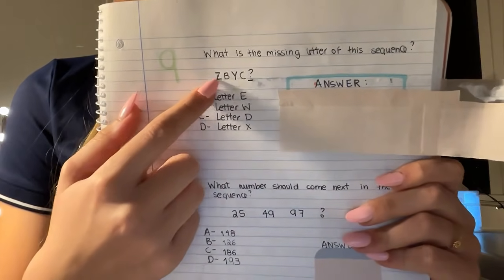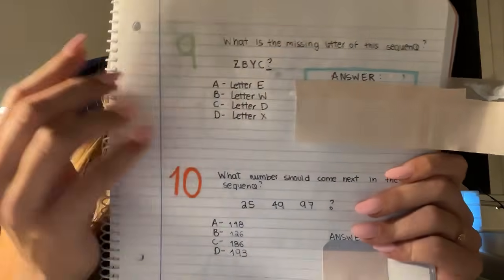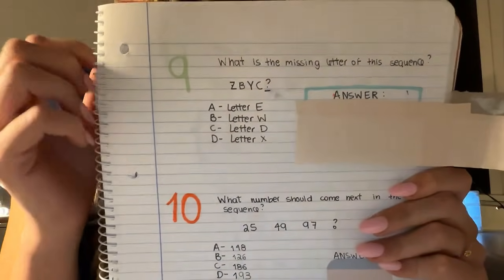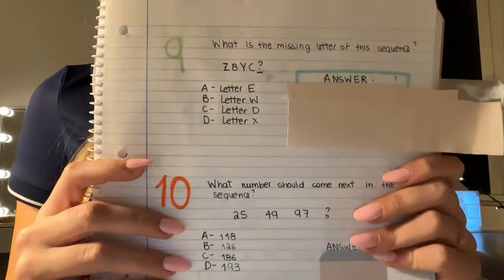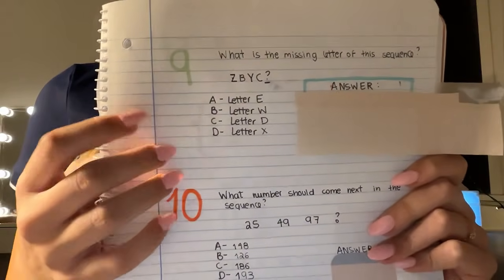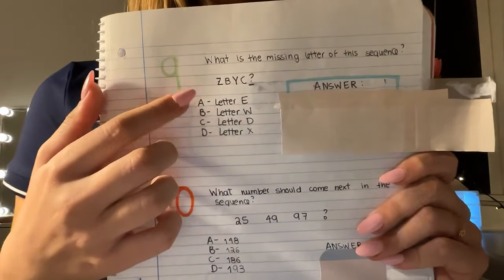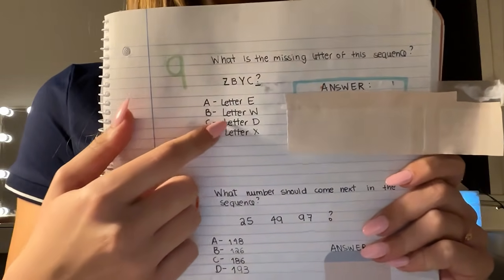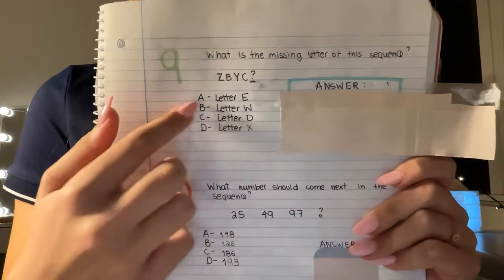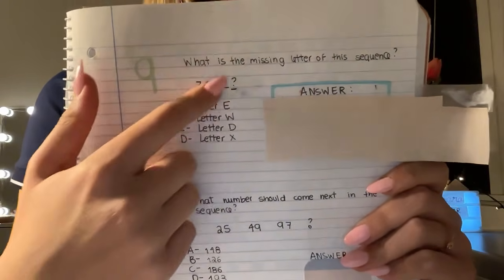We have Z, B, Y, and C. What is the letter that should come next? E, W, D, or X? Take a look at this sequence right here.